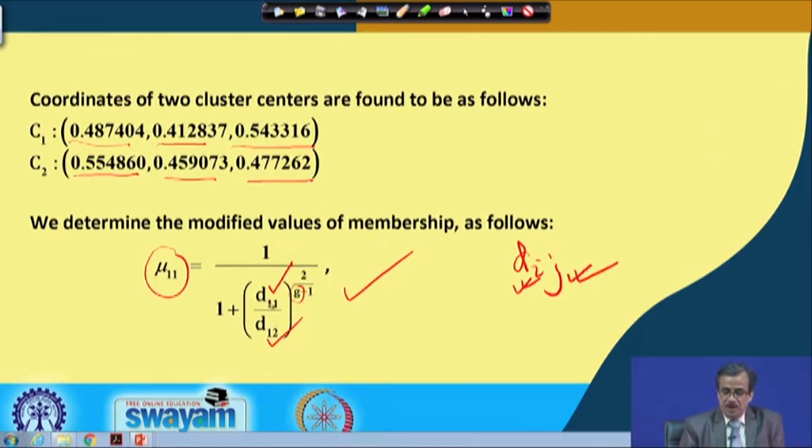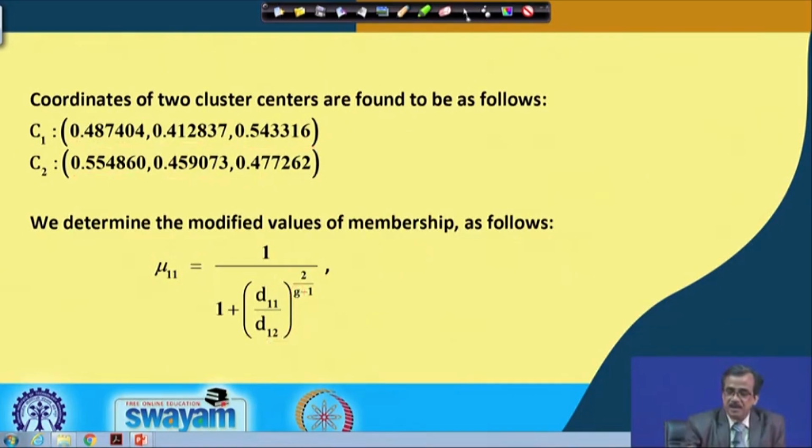So d11 is the Euclidean distance between the first data point and the first cluster center, and d12 is the Euclidean distance between the first data point and the second cluster center.